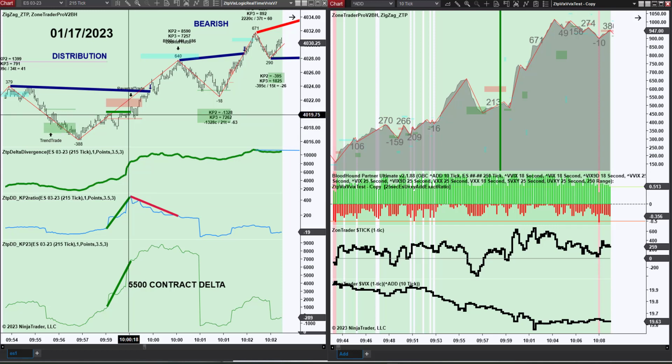But we didn't know the intention of the person selling those 5,000 contracts. We don't know if that person's intention was because he thought the market was going to trade lower, in which case, yeah, we would want to trade with him. We don't know if his intention was to sell 5,000 lots because he had bought those 5,000 back at 3,900 and now he's looking to take profit at this point.